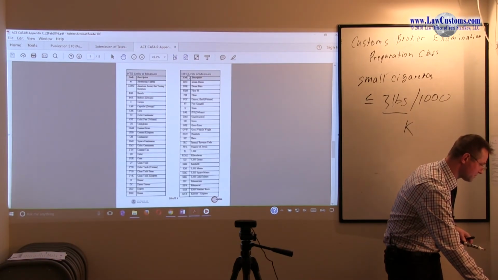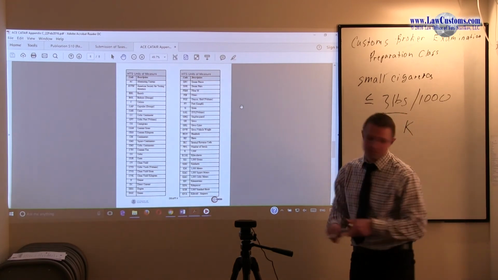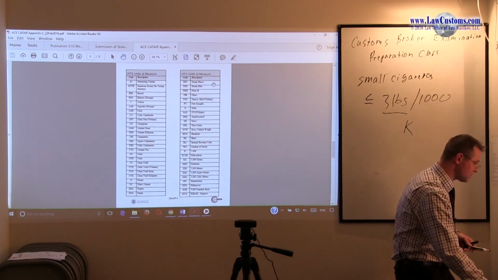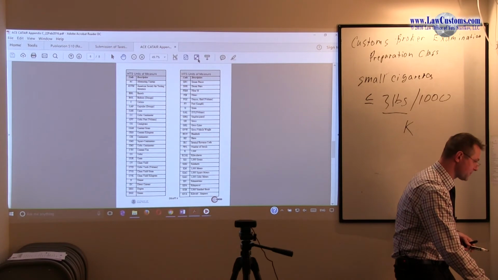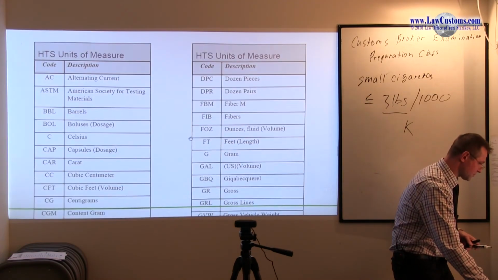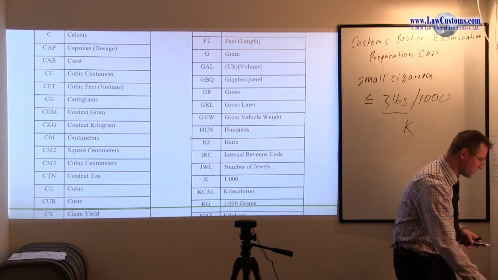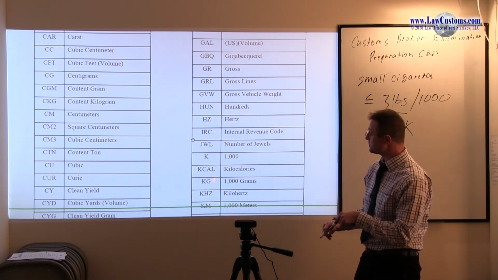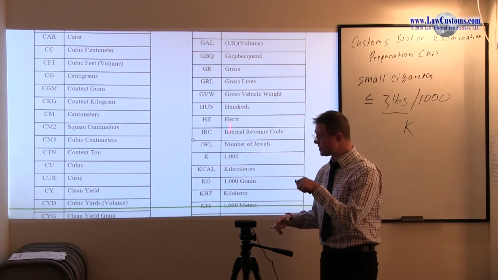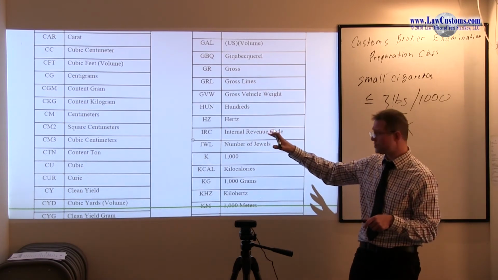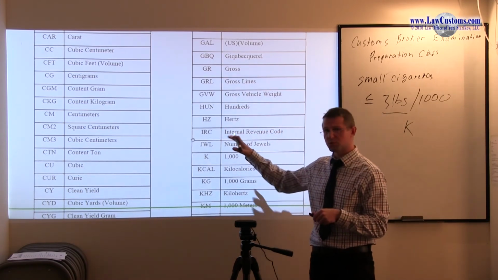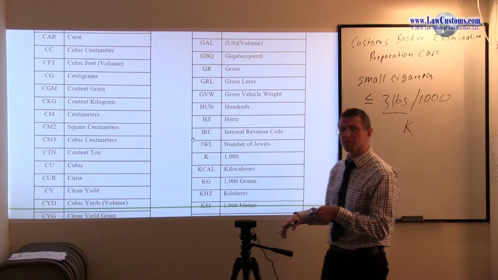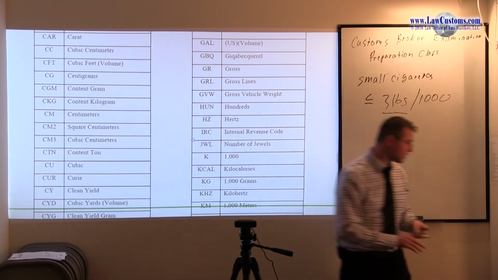So here's the list, right? Let me make it a little bit bigger. Okay. As we look forward, see that K over here means 1,000, right? Those are the abbreviations commonly used throughout the tariff schedule and Code of Federal Regulations. So this can be helpful.